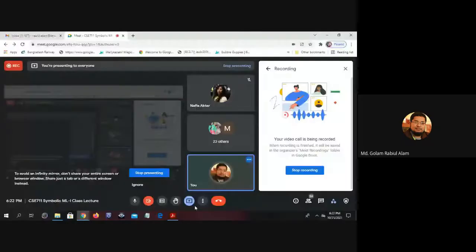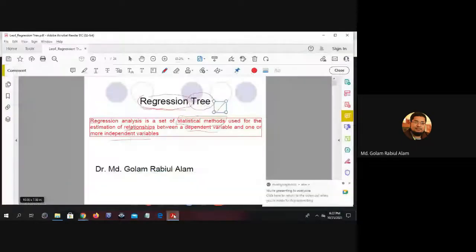In regression analysis, usually we try to analyze the relationship between dependent variables and one or more, that means multiple, independent variables.